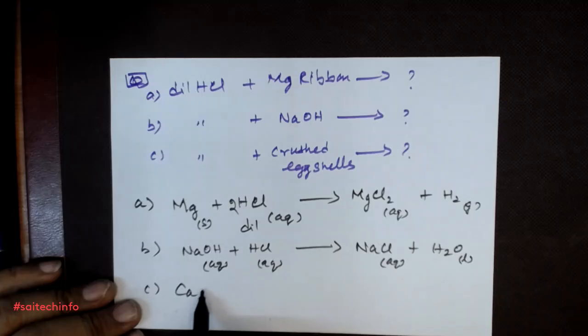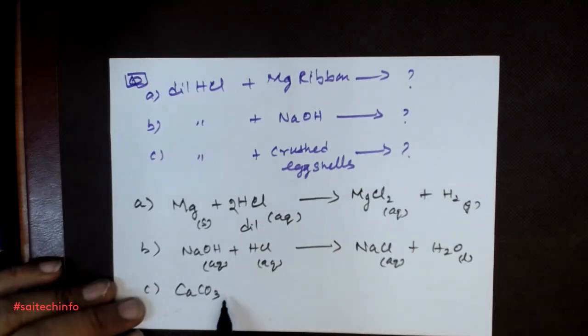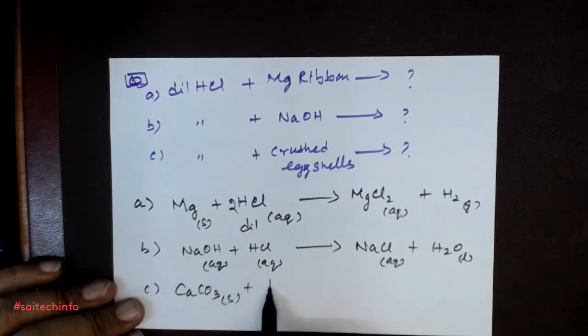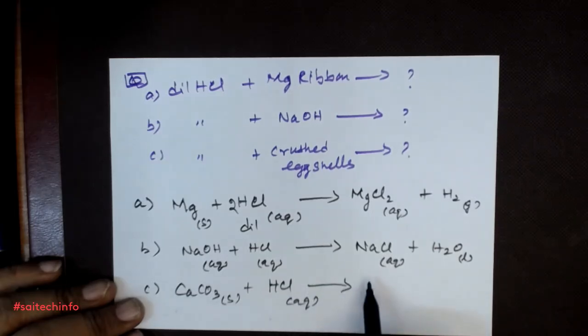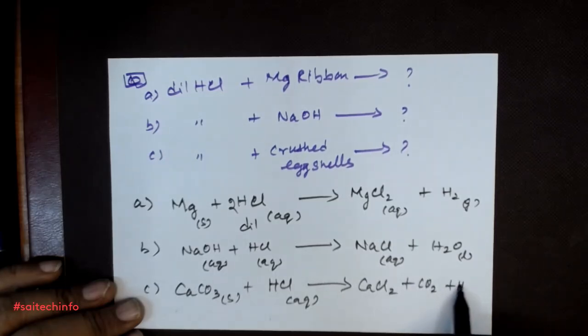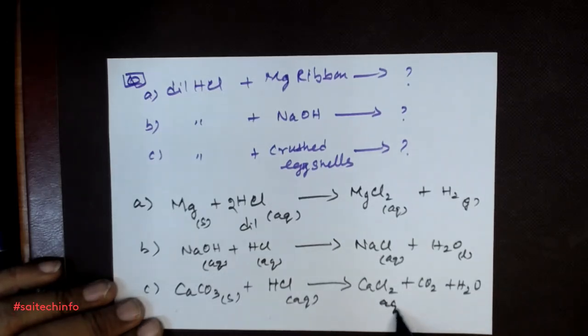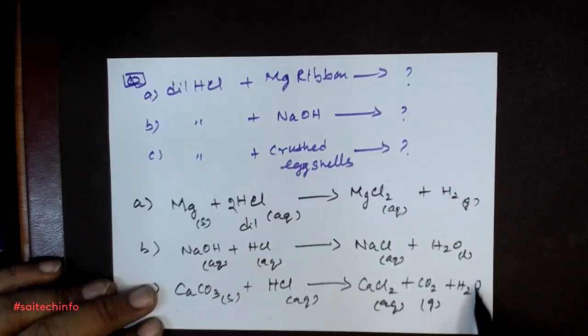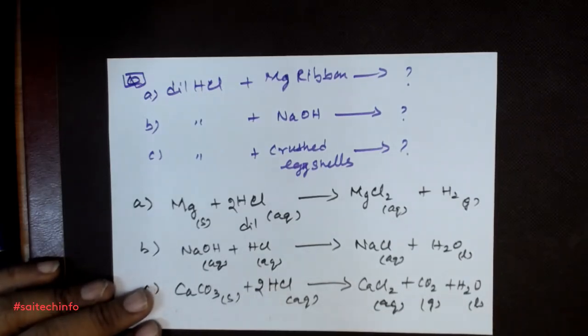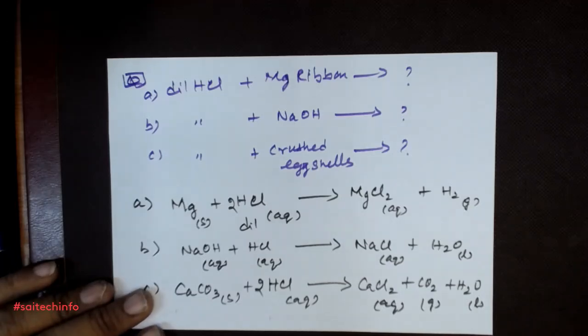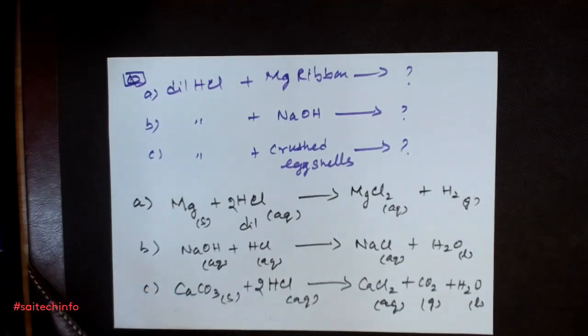So calcium carbonate, of course, is a solid powder that is dissolved in dilute HCl to form CaCl2, CO2 plus H2O. So CaCl2 is the aqueous solution, carbon dioxide is the gas, water is a liquid. So there are 2 moles of HCl.